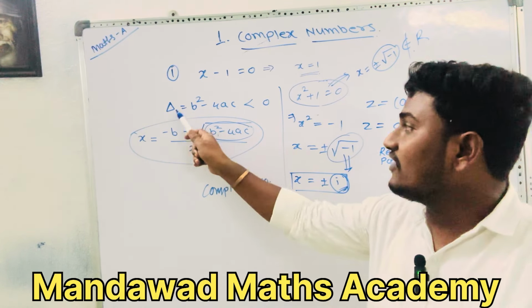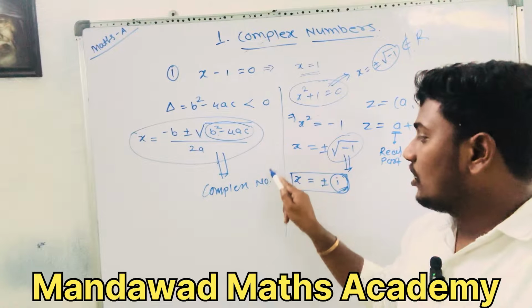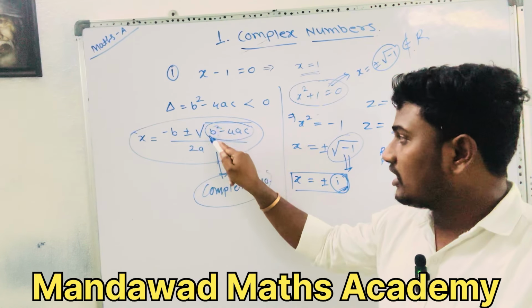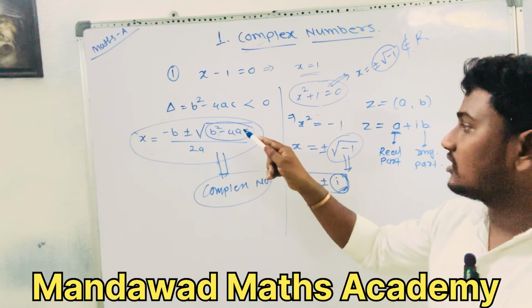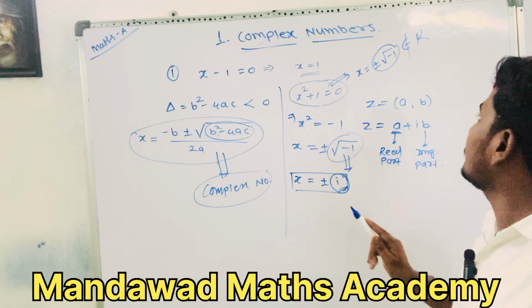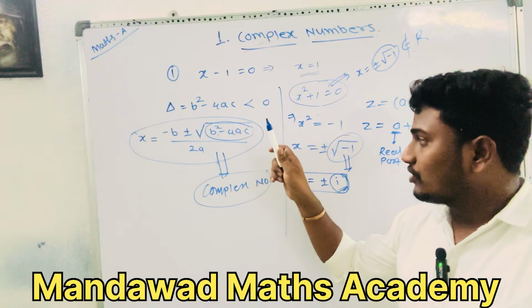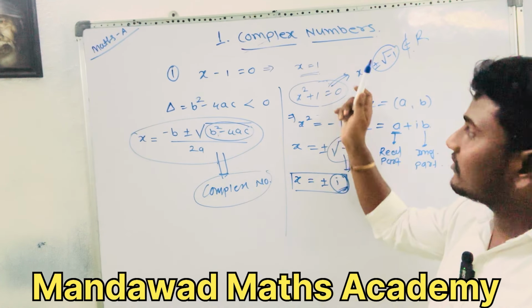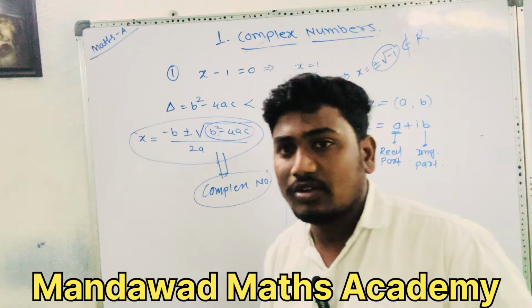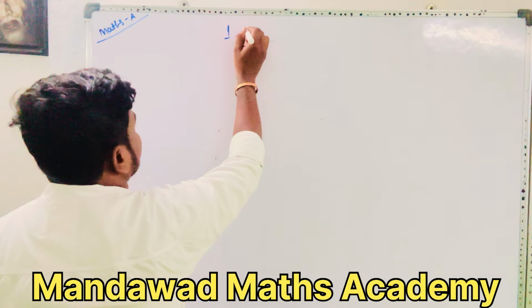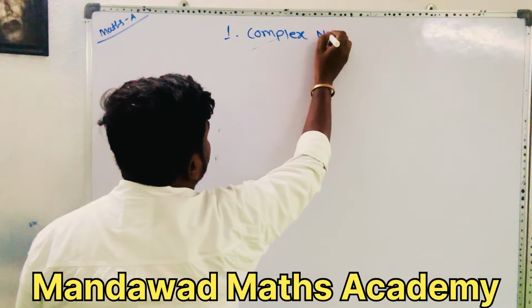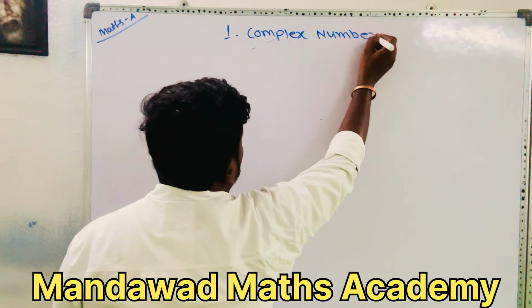When delta value is less than 0, a negative number is required under the root, means that number does not exist in the real numbers. Therefore this number is called a complex number. So therefore we require the complex number. Is it okay? The first chapter is complex numbers.